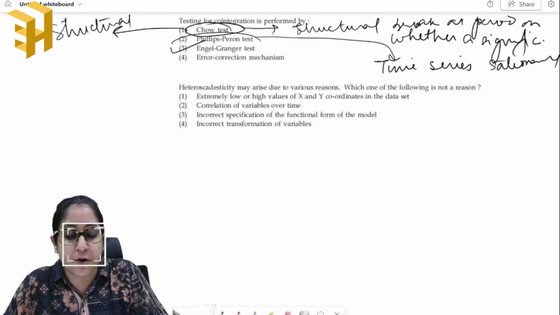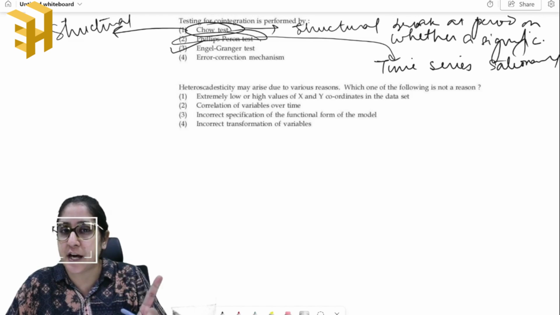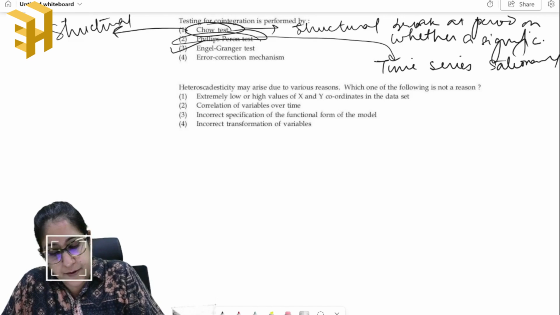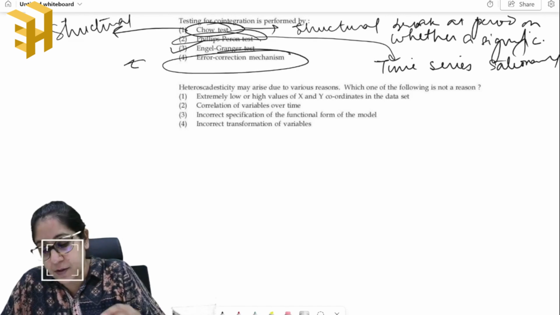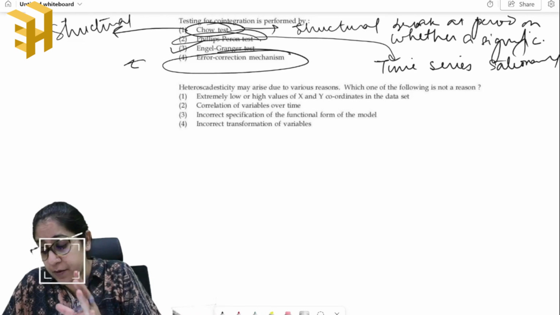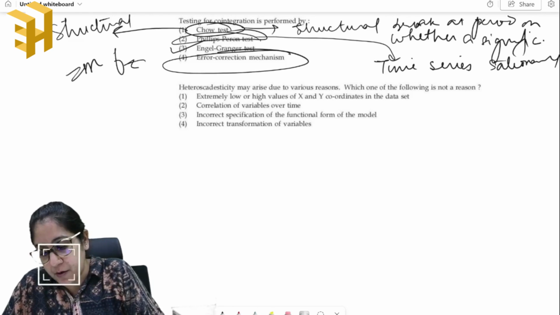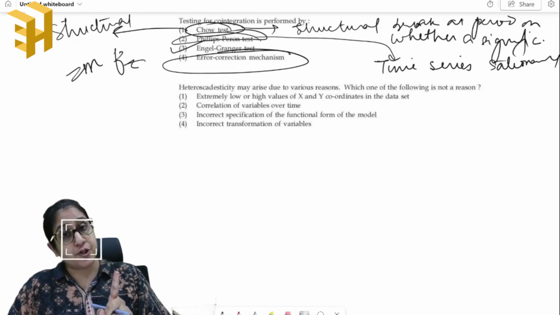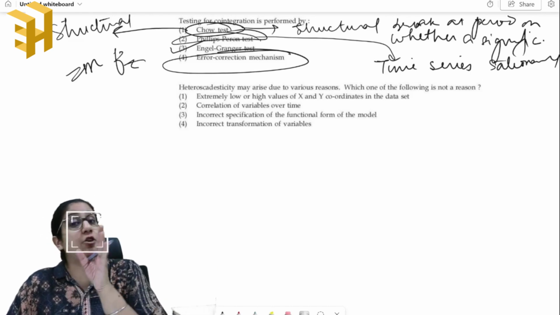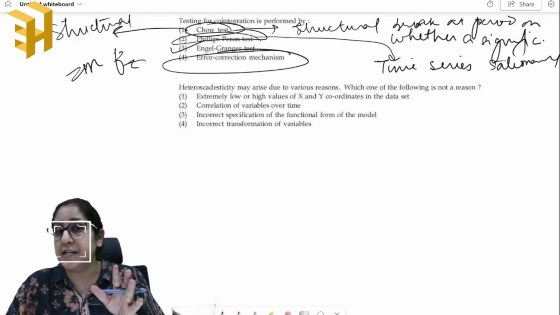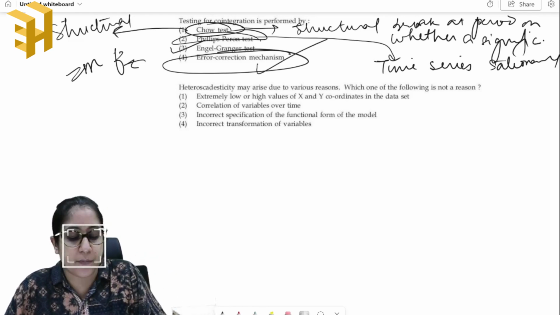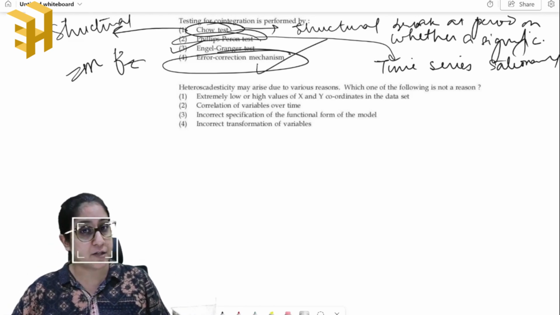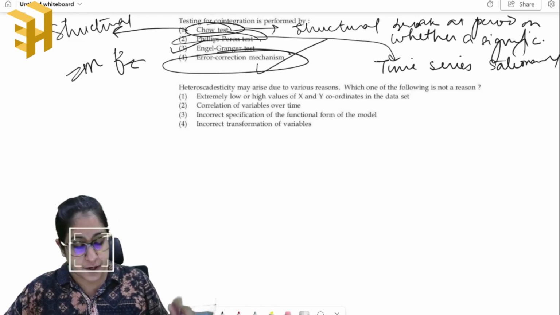And then the error correction mechanism tests the speed at which the dependent variable reaches its equilibrium level after a change in the explanatory variable. This is very important from the econometrics point of view, so do keep a note of it, right?